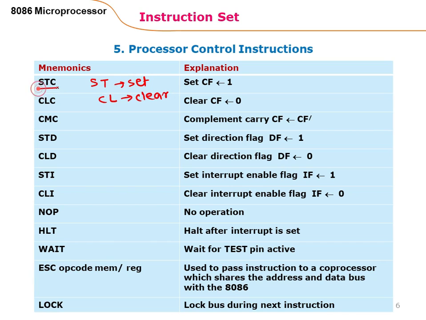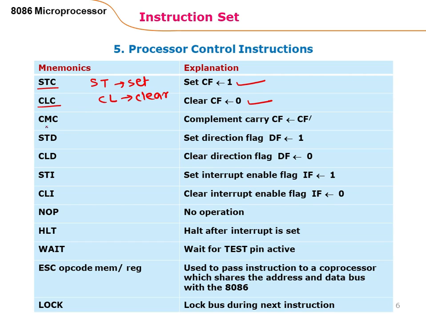STC is used to set the carry flag to 1, and CLC is used to clear the carry flag. So when we use STC, the carry flag value is set to 1, and when we use CLC, the carry flag is set to 0.